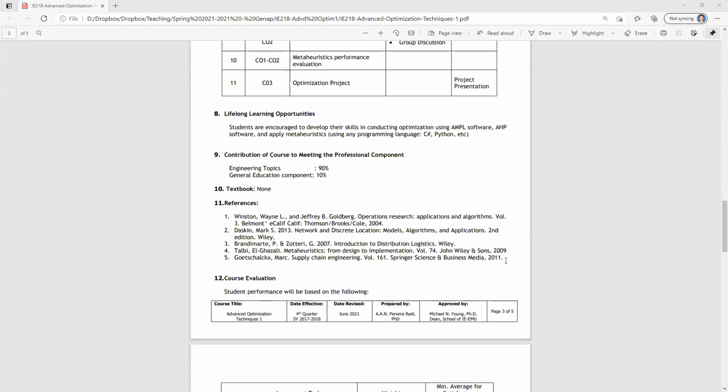The references that I use for this course, originally I planned to just use one book, but somehow one book doesn't cover all of these topics.